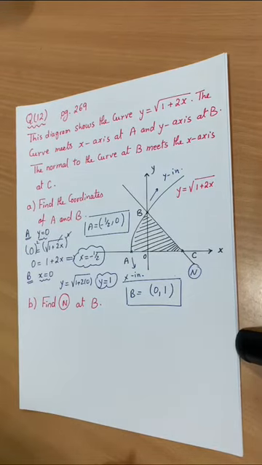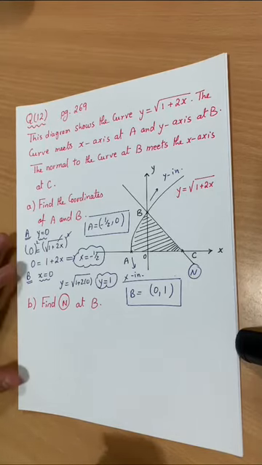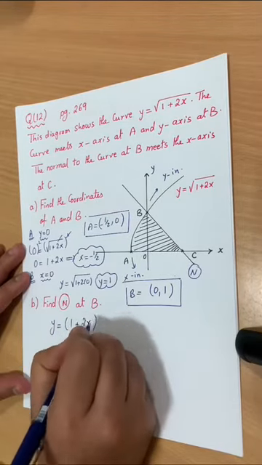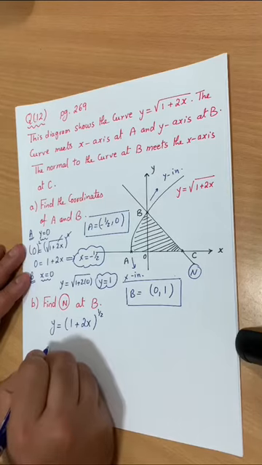Now let's find the equation of the normal. Let's go back to the differentiation. Normally, differentiating these types of functions, we have to change the radical, the root, into a power, and then use the chain rule. So y is equal to (1 plus 2x) all to the power of half.